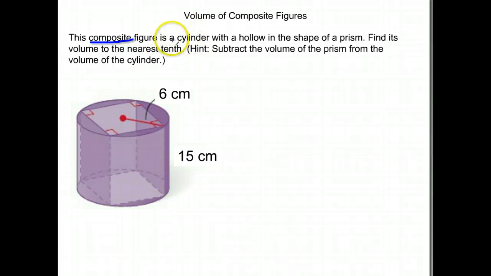Here we have an example. We have a cylinder, as we can see, with a hollow shape of a prism in the center. Find its volume to the nearest tenth. So what we're going to do is find the volume of the cylinder. That's our solid, but we want to cut out or subtract the volume of the prism.